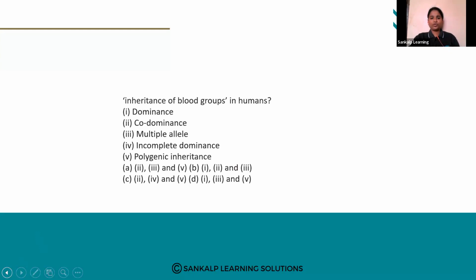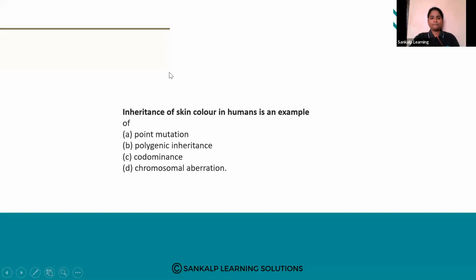Priyanka answered it. Option B, polygenic inheritance, is the right answer.